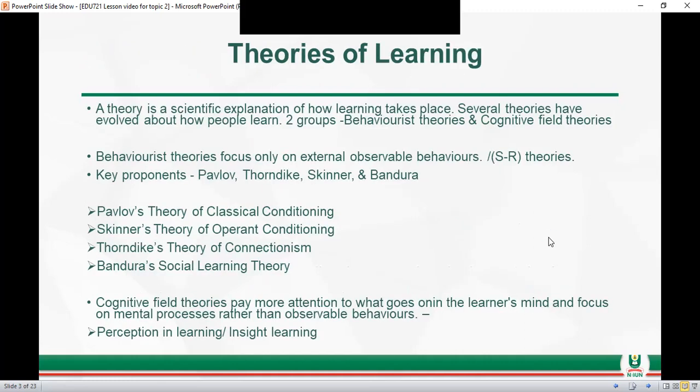A theory is a scientific explanation of how learning takes place. Several theories have evolved about how people learn.